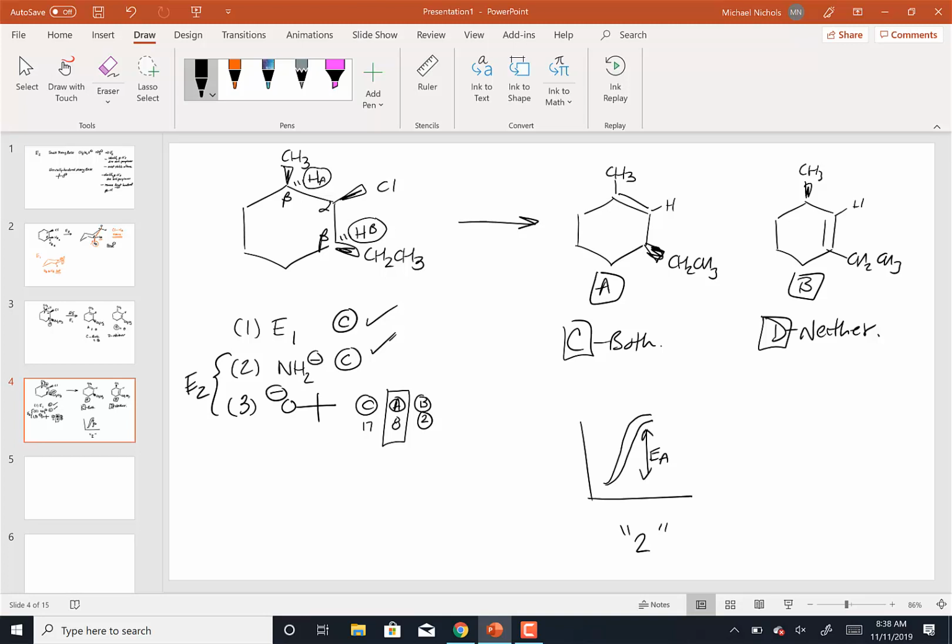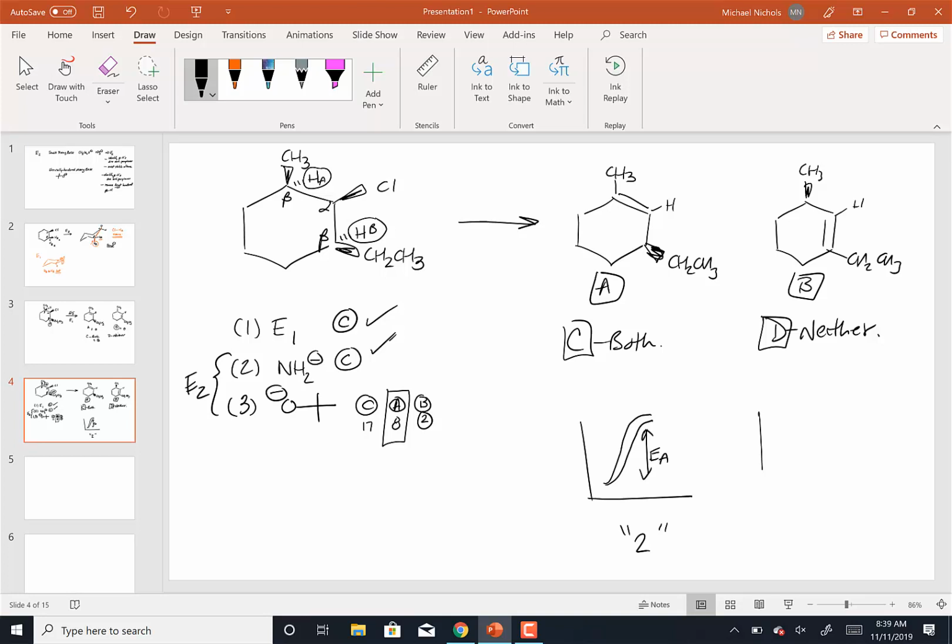And that transition state energy is always based on steric hindrance. So trying to fit the tertiary butoxide to get HB is going to be a slightly higher transition state energy than it would be for HA. And that would cause the reaction to remove HA to go faster, and you would get the major product.